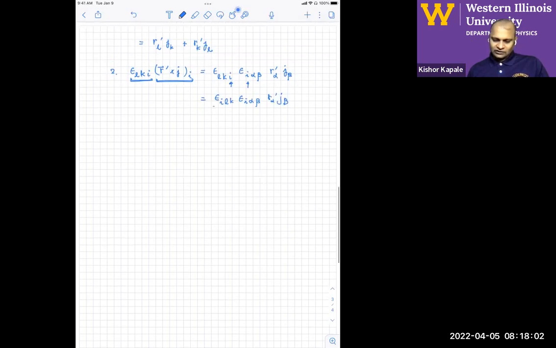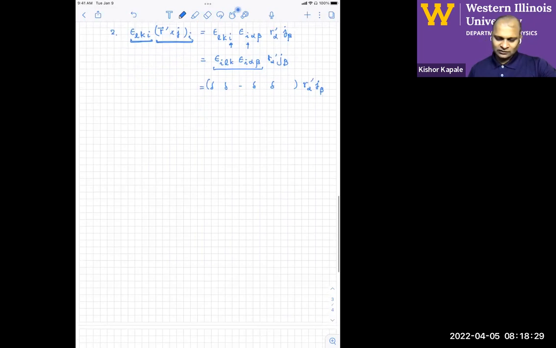Now, anybody want to help me expand this out in terms of the Kronecker deltas, sorry, not delta functions, Kronecker deltas. So there's going to be a product of two deltas minus a product of another set of two deltas. And then you, of course, have R alpha prime, J beta.